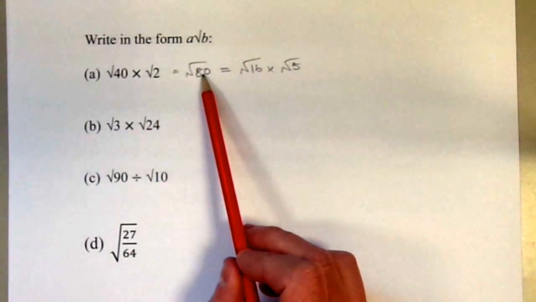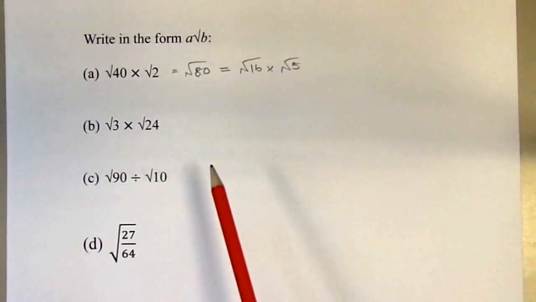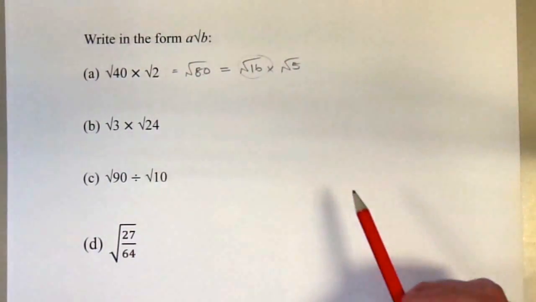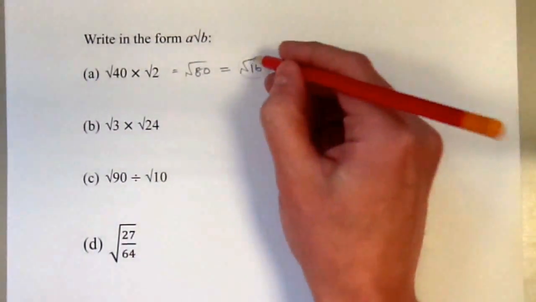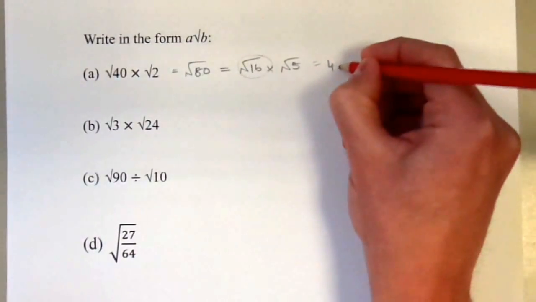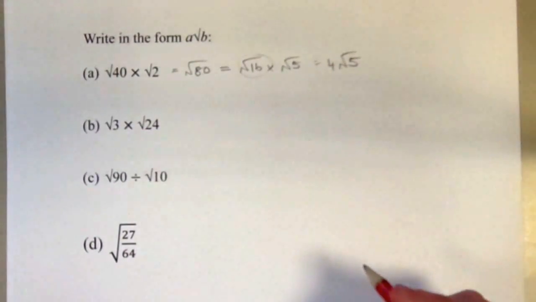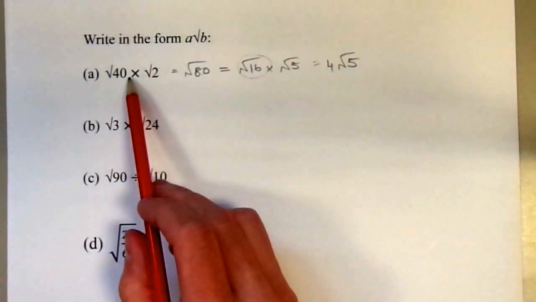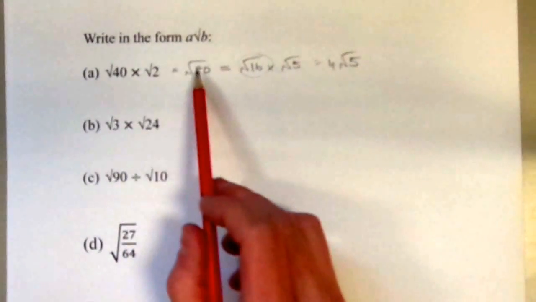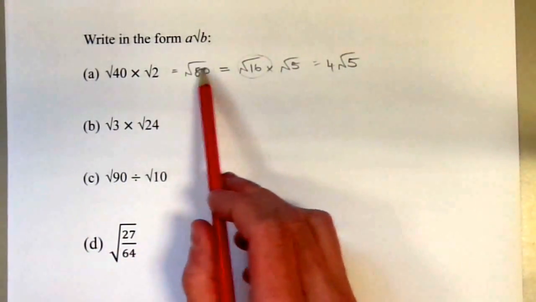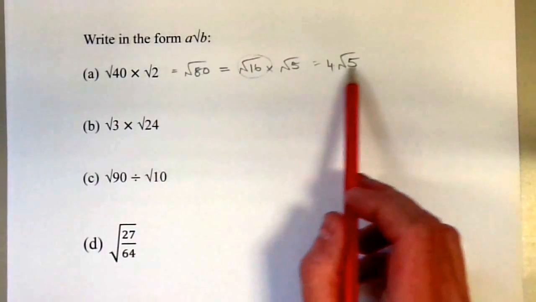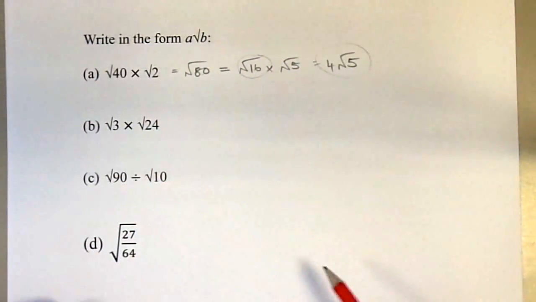Why write that like that and then break it down into another set of factors? Well, because this is a square number. It's a square root of a square number. The square root of 16 is 4. So by using that rule to write it as a single surd and then breaking 80 into a different pair of factors, we can then simplify into this.